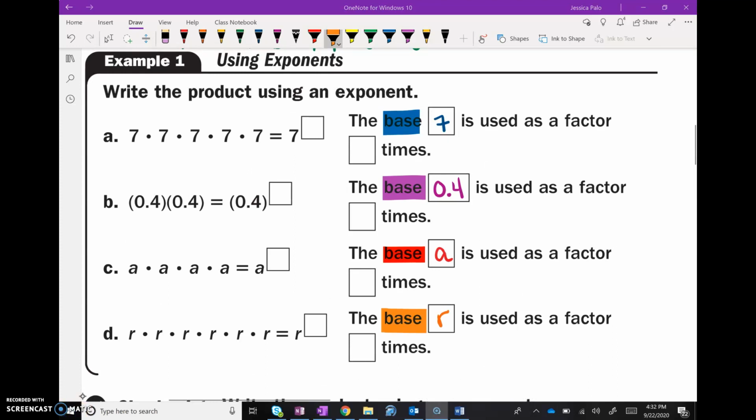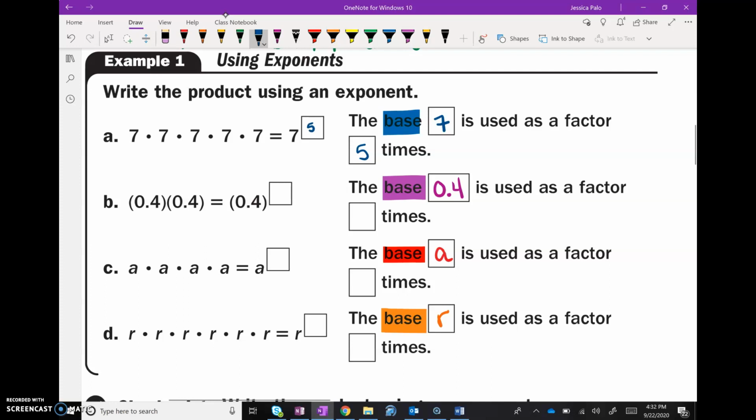In problem A, we have the base 7 being used as a factor 1, 2, 3, 4, 5 times. So that means our exponential expression is 7 to the 5th power.